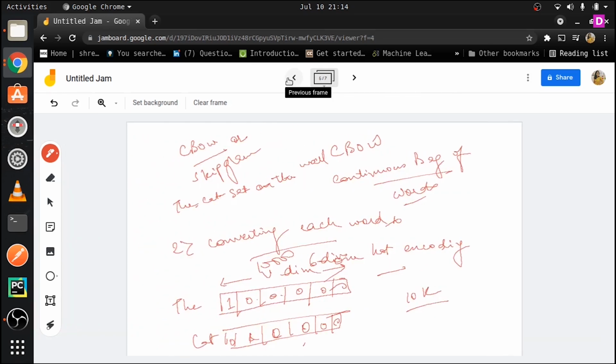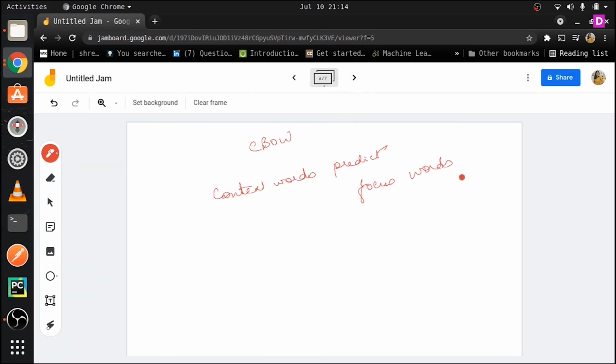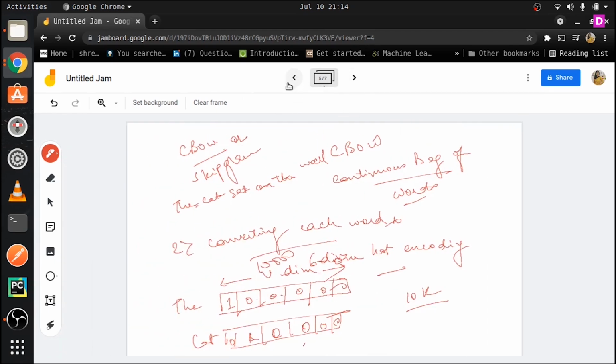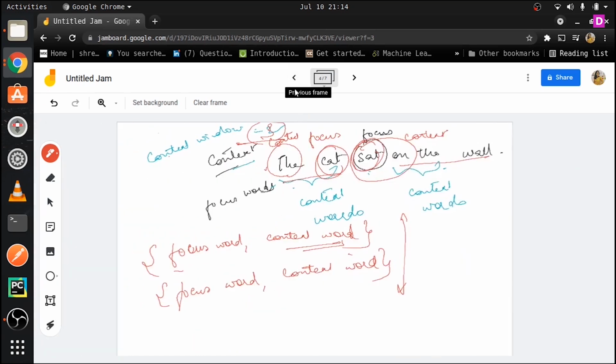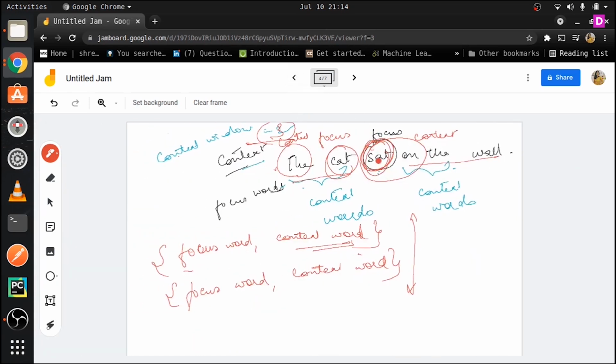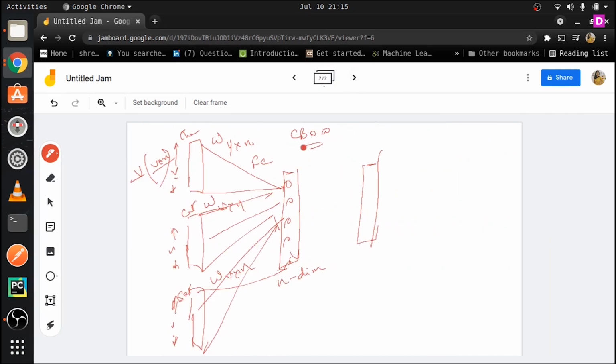All right, I am so sorry, I forgot to mention that, but the whole point of CBOW is, given different context words, you have to predict the focus word. So for this question, if we are taking sat as our focus word, in that case your model will be given the cat on the as the context words, and you have to predict the focus word, that is the sat here. That is the whole point of CBOW. So that is what we are going to do here.